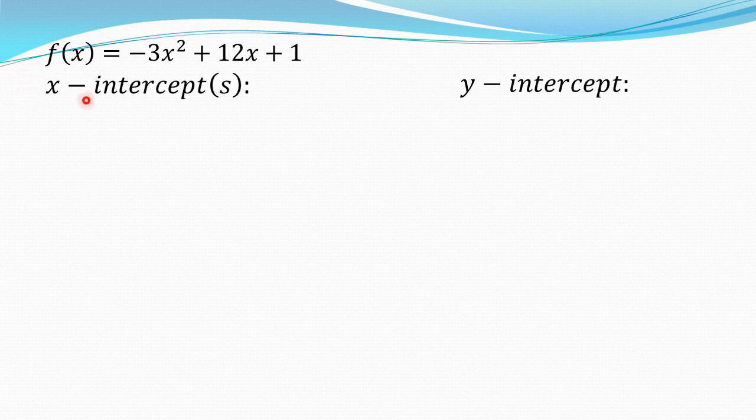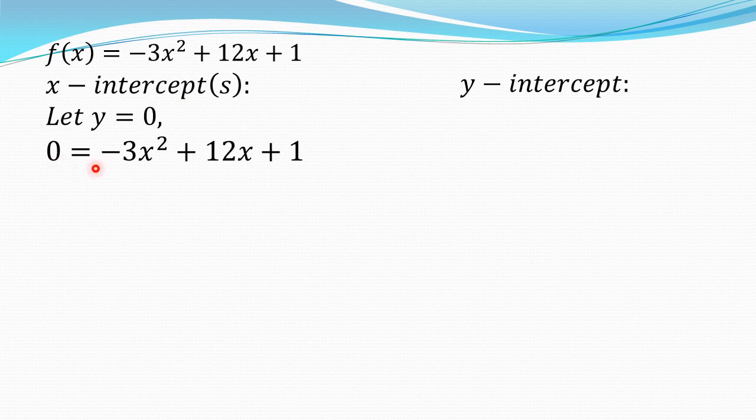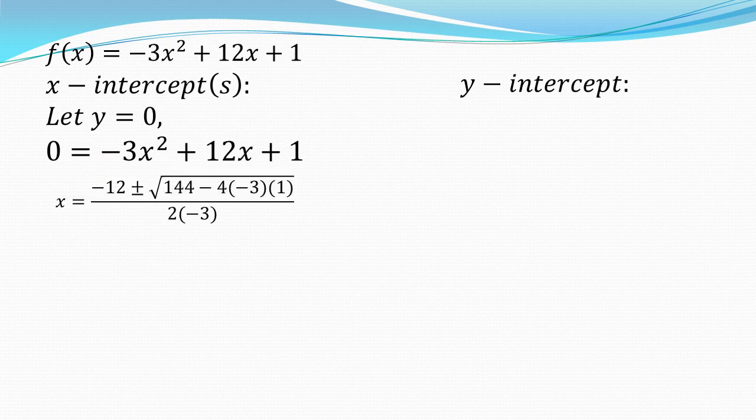Okay, so your intercepts. For getting the x and y intercepts, it's exactly the same method as the previous ones. For the x-intercept, let y be equal to 0. So 0 equals your expression. And alright, I tried, but I can't find any factors. It's actually not factorable, so we use the quadratic formula. x equals -b, your b is 12, plus or minus the square root of b squared, 144, minus 4ac, your a is -3, your c is 1, all over 2a, and your a is -3.